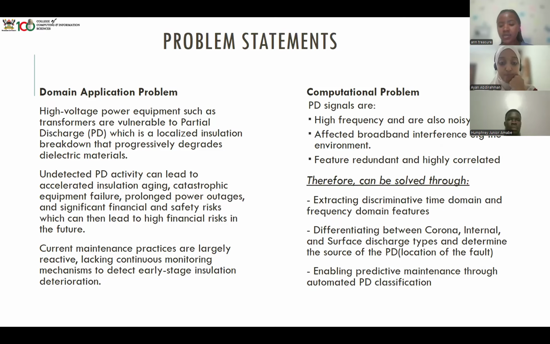So we aim to solve it by extracting discriminative time domain and frequency domain features, differentiating between corona, internal, and surface discharge types, and also determining the source of the partial discharge, that is the location of partial discharge in huge high voltage equipment. And we aim to enable predictive maintenance through automated partial discharge classification.